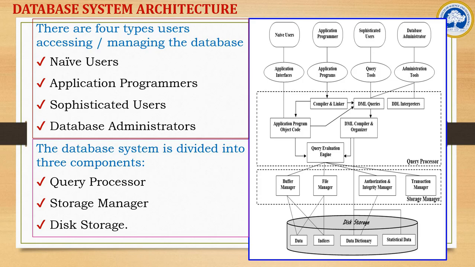Application programmers are the next level. They know how the programs are working, so they can interact with the DBMS through the application programs. They have some technical knowledge. Sophisticated users are well advanced compared with application programmers and naive users. They interact with the database using query tools, and they can do some manipulations on the data.